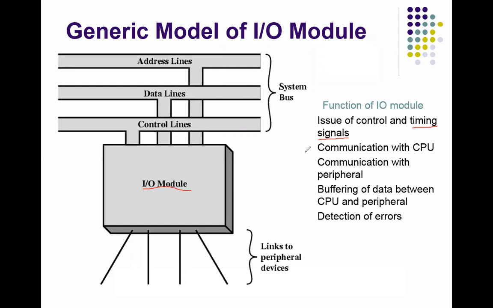The second function is communication with the CPU. Now, who provides the data? Suppose you are executing a program, and then you are giving input, right? So this IO module takes your input and provides it to the CPU.